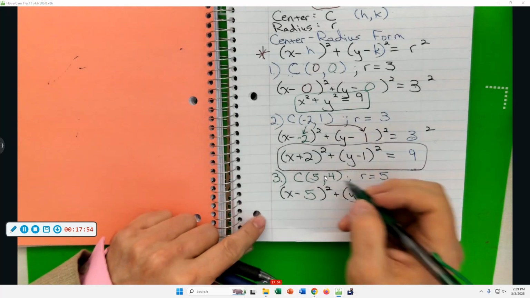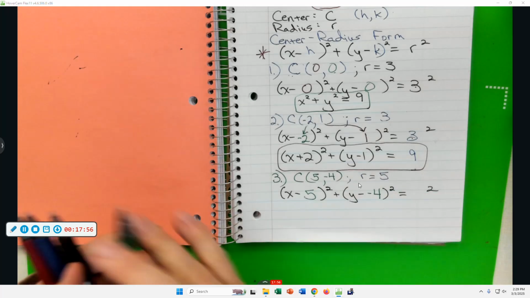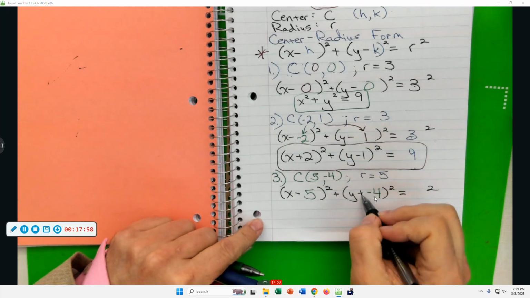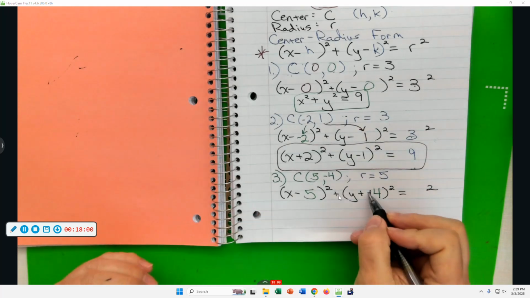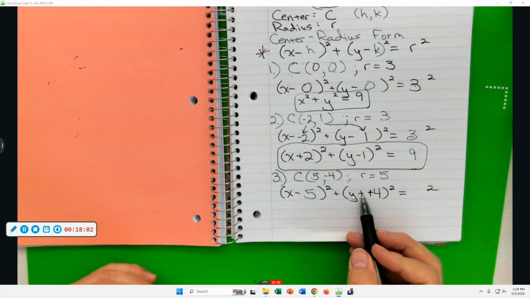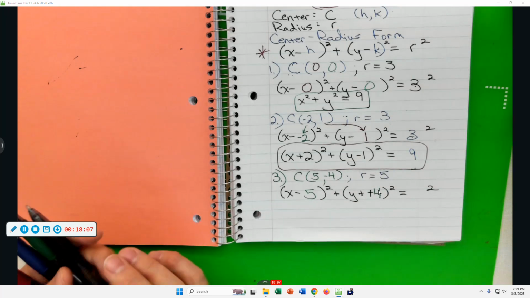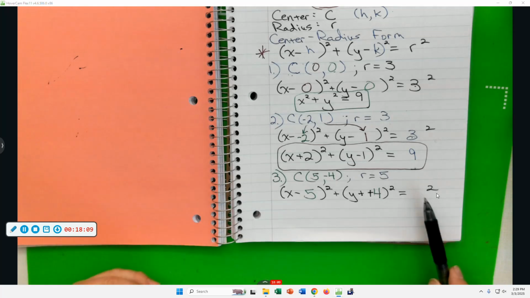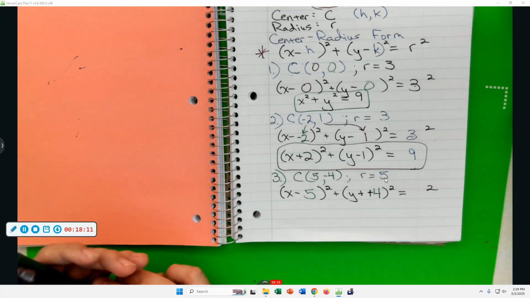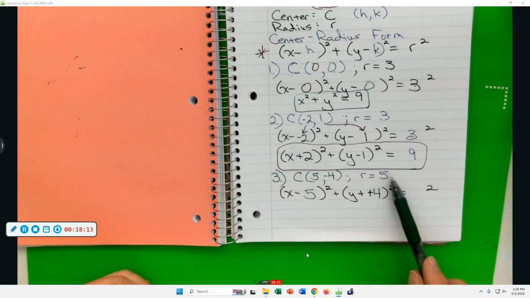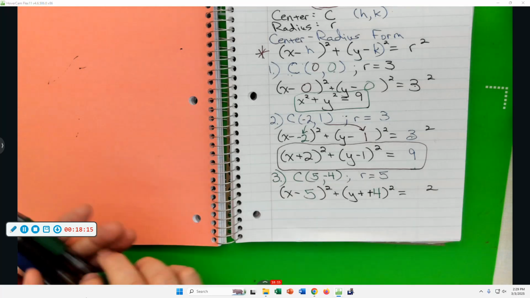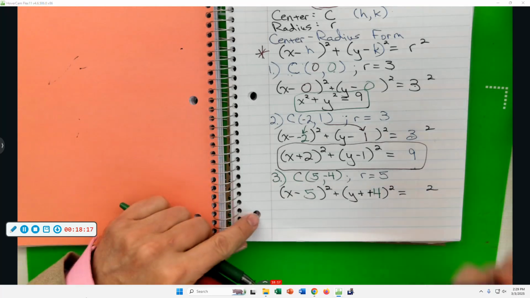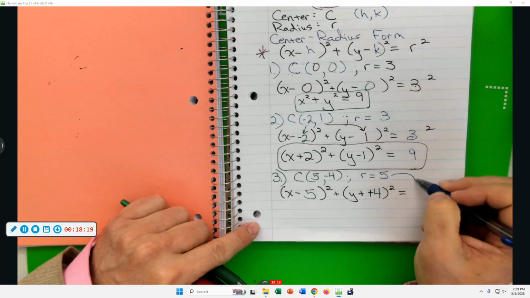Well, it's going to be a -4, but it's about to become a positive. Did y'all see that? The formula had a minus, and then we stuck the negative. Minus and negative becomes a positive. What's going to be squared over here? The radius 5, not the x coordinate 5. It's the radius that comes over here.